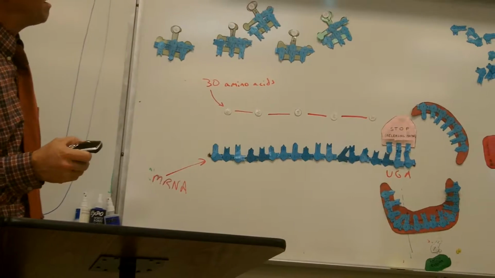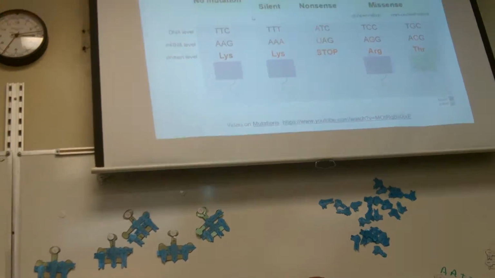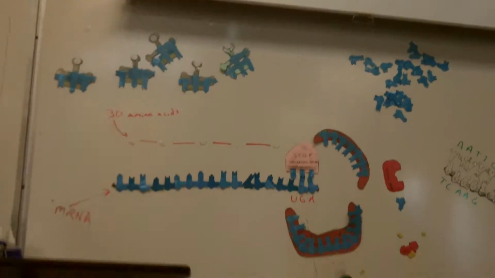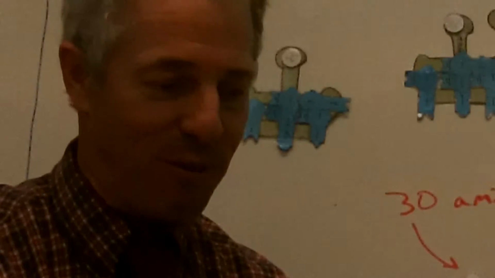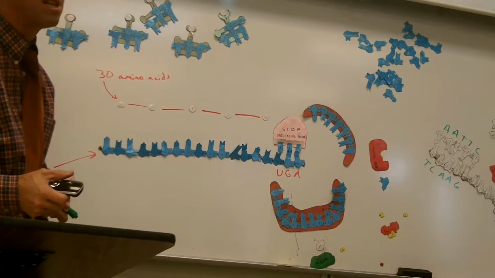But if the TTC gets changed to ATC, in other words, you put the A where this T was, that codes for UAG, which is one of the stop codons. That'll stop your protein right in its tracks and make for a real short protein. We call that a nonsense mutation because the protein doesn't make sense anymore.